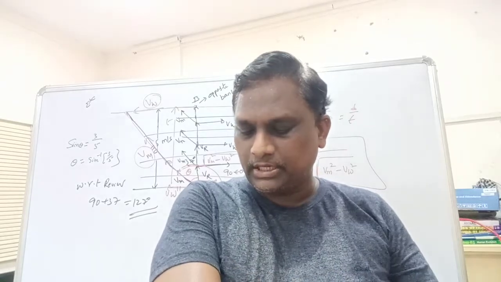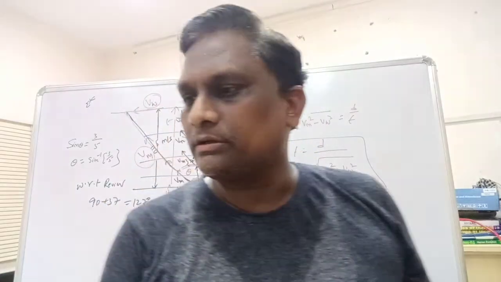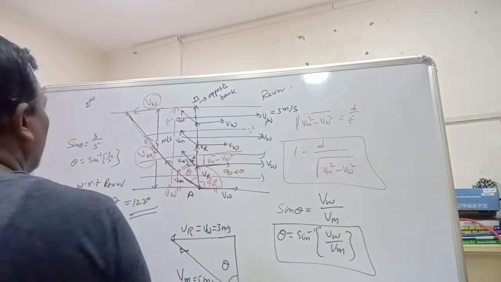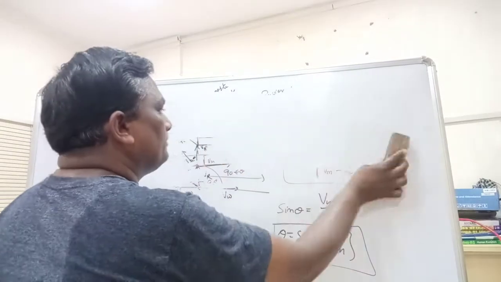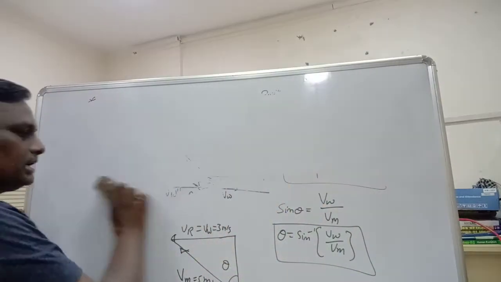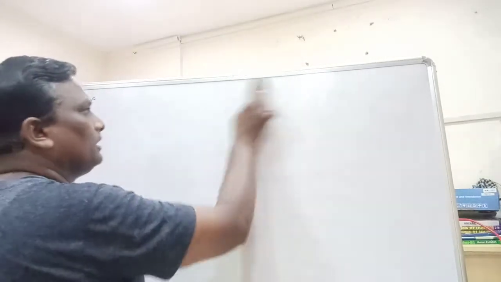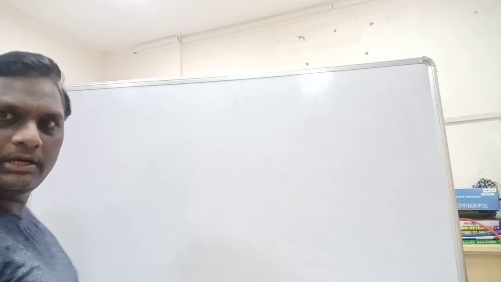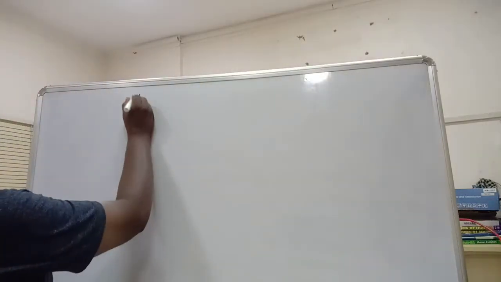So I keep the heading relative motion. What is relative motion? That I am now going to explain. Be careful about this, as one question will come in relative motion.